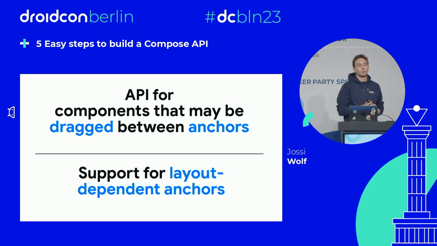But if you strive for it, it'll give you a much better starting point. So we have our things that we want to build. In fact, one of them we're going to split up a bit more later. So we have an API for components that may be dragged between anchors. And then we want to also support layout-dependent anchors.